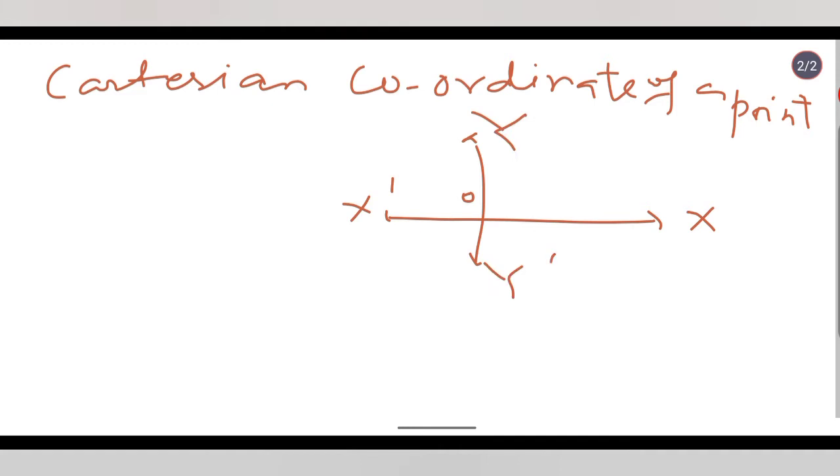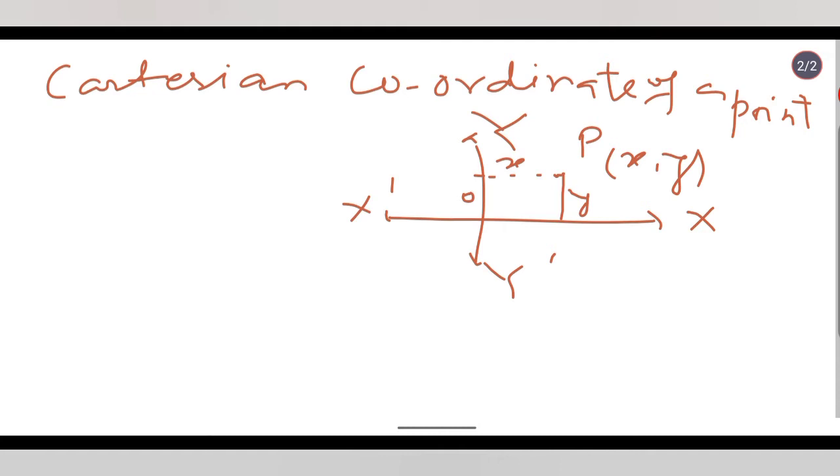The position of any point P can be completely determined with reference to the rectangular axes, that is x o x dash and y o y dash, by means of an ordered pair of real numbers x, y, called Cartesian coordinates. Here what is x and y? Basically x is the distance of point P from the y axis and y is the distance from the x axis.